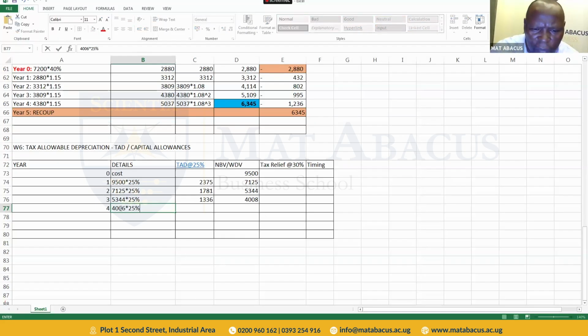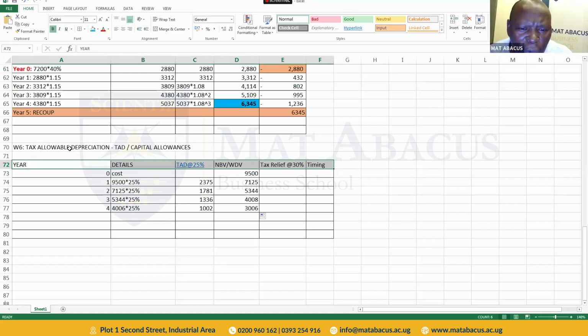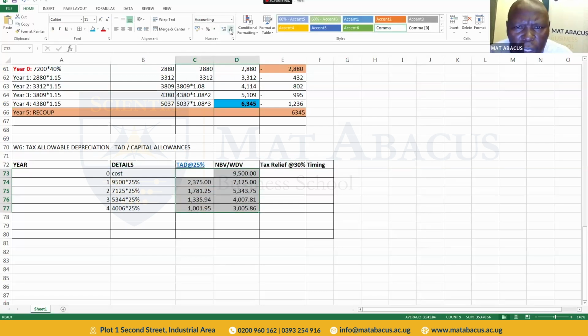You don't go live the way you are used to doing your things. In this case, we should have depreciated because the project is for 5 years. When we are scrapping, we are only depreciating for 4 years according to the question.